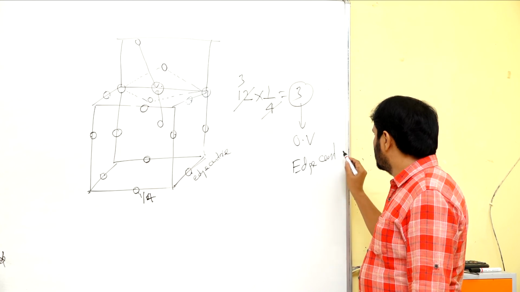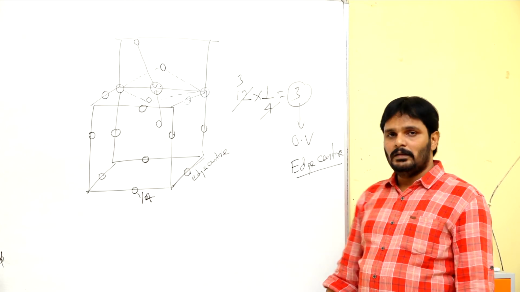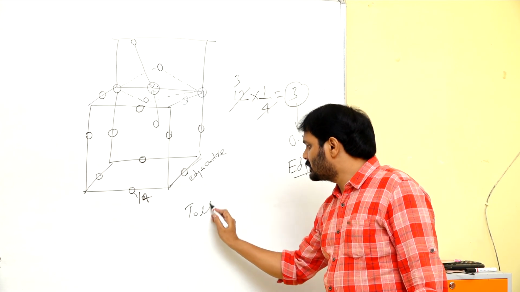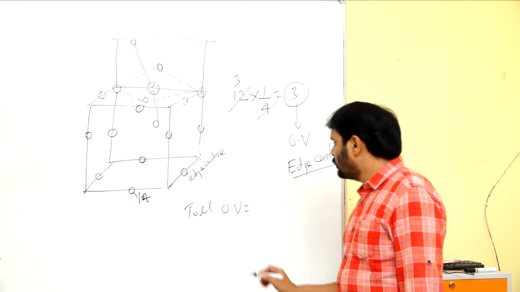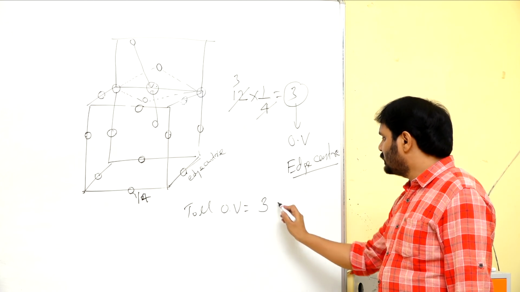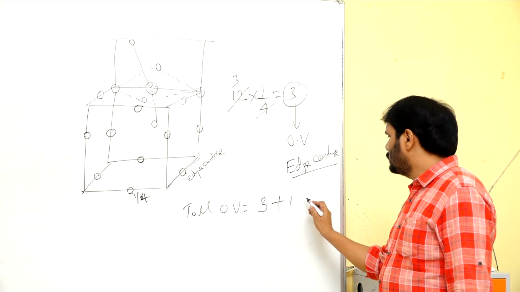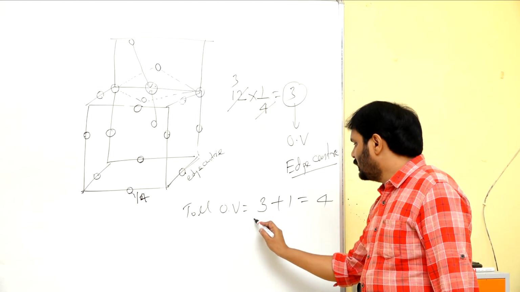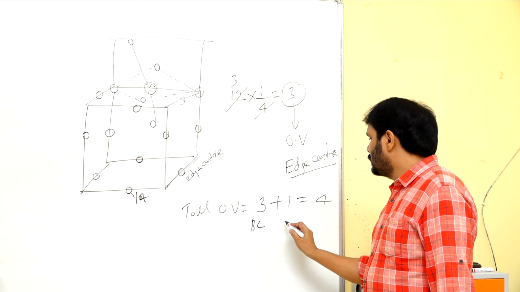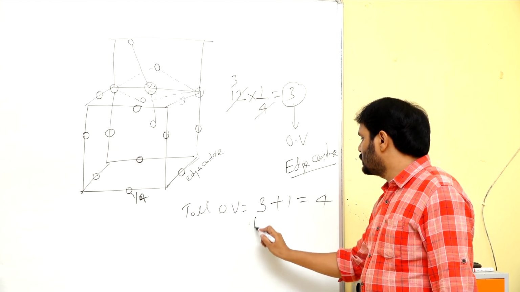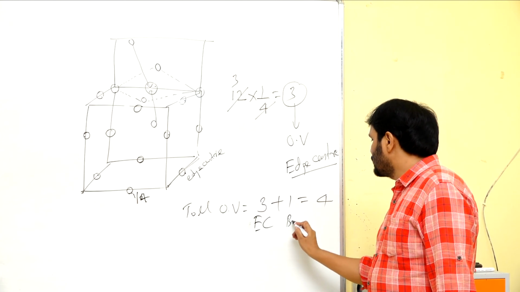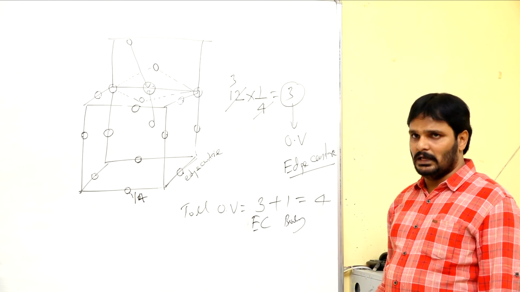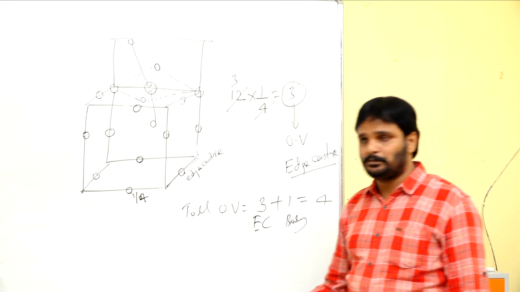So total octahedral voids: 3 are at edge centers, 1 is at body center. So total how many you have? 4. So total octahedral voids in FCC structure is 4.